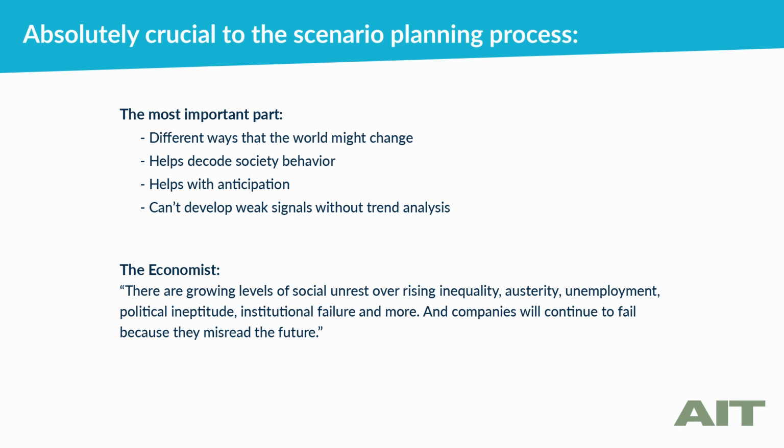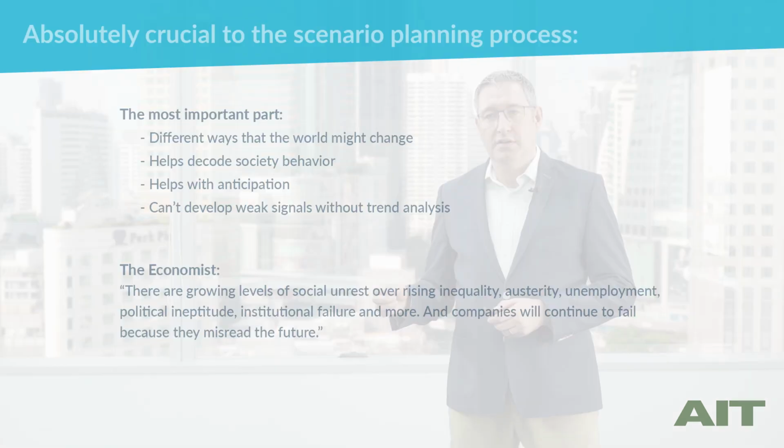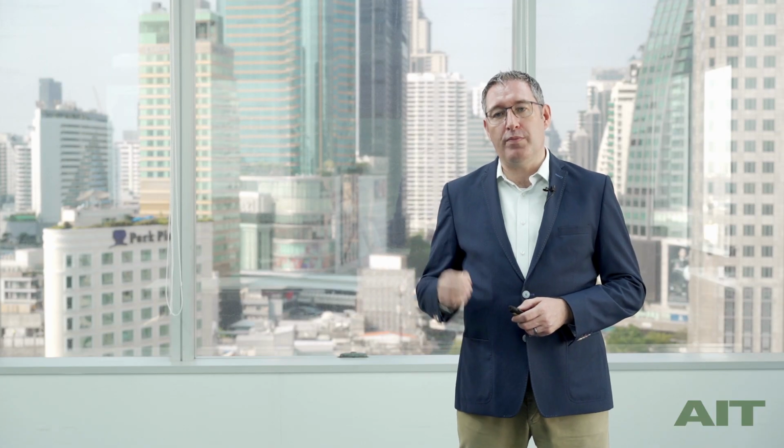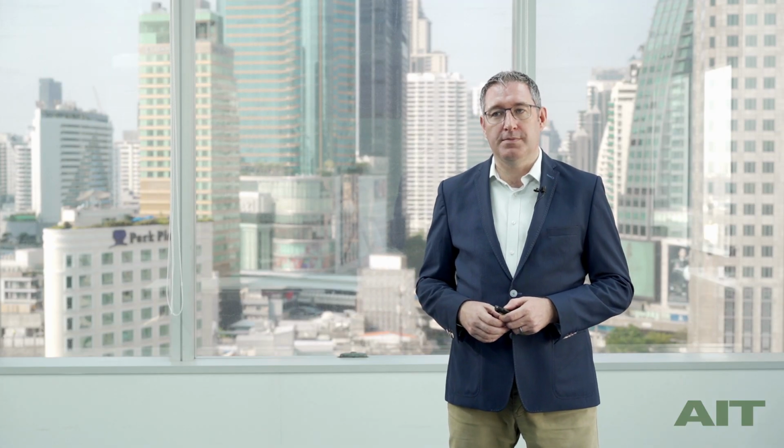And The Economist said a couple of years ago that all of these shifts, all these trends are changing, and it's highlighted through rising inequality, unemployment, the perception of politicians failing, institutional failure. Companies are failing because they're misreading these trends. Okay? So it's a very important part of the scenario planning process.